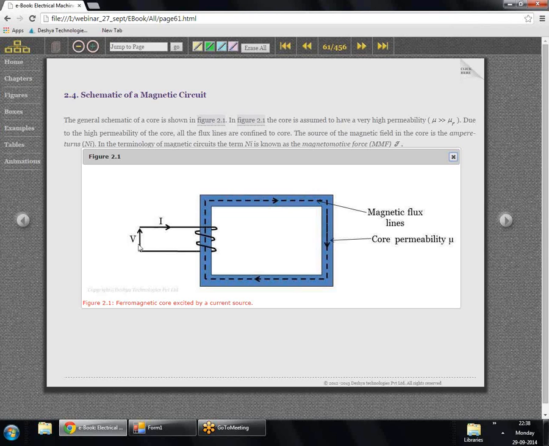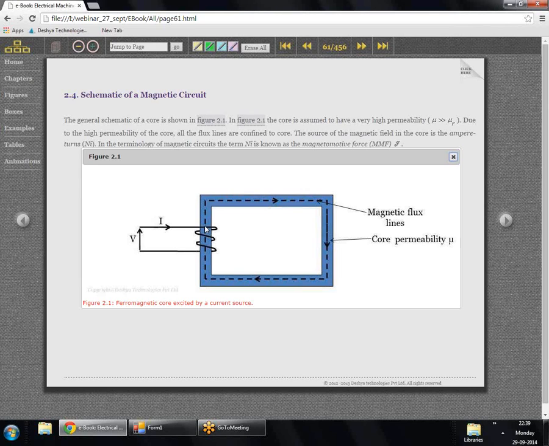Once we apply voltage across the terminals of the coil, a current starts to flow through the coil. As the current flows through the coil, it creates something known as magnetomotive force, or MMF in short. MMF stands for magnetomotive force.